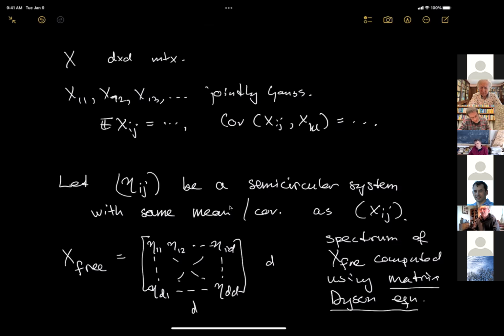If the covariance is the identity and the mean is 0, then this would be a free semicircular system. You can simply generate those by taking a free Fock space and taking these to be A i plus A i adjoint, where the A i are the annihilation operators on the free Fock space. That's a construction of these objects.